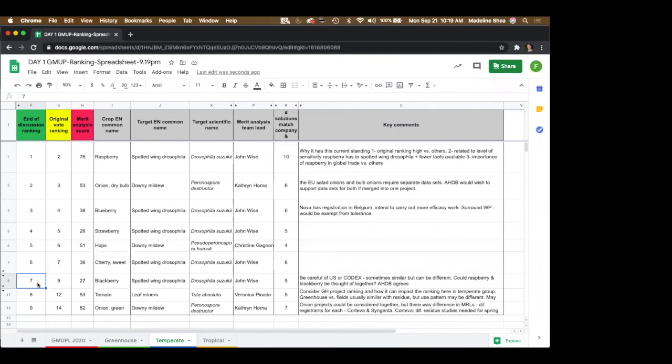So John, I want to jump in to see if, Dirk, do you have a comment that you wanted to add at this point? Thank you very much. I just think we should dial back a minute to Carmen's comments about the importance of blueberry. And perhaps blueberry should be ranked higher underneath the raspberry because of her comments.